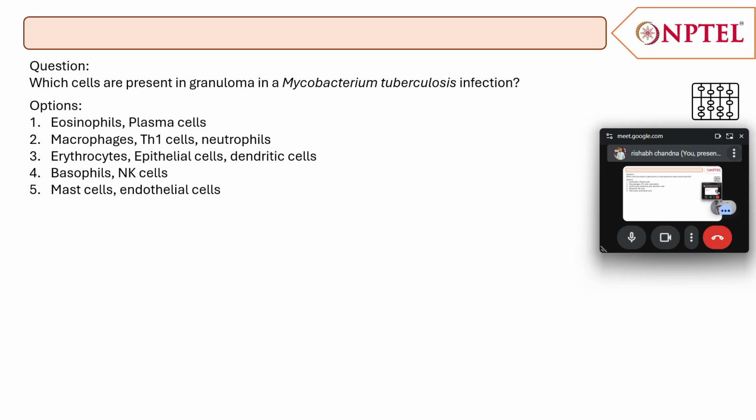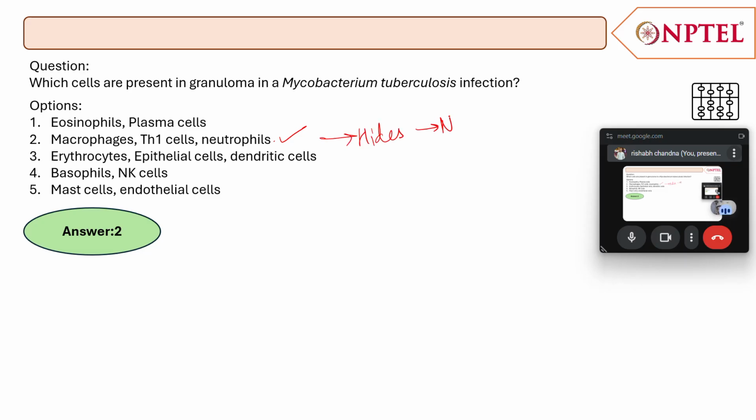So the granuloma basically contains the macrophages, Th1, and the neutrophils. Okay, so the Mycobacterium actually hides itself in neutrophils and macrophages of the alveoli. Okay, so this is how it infects the different tissues in the lungs.